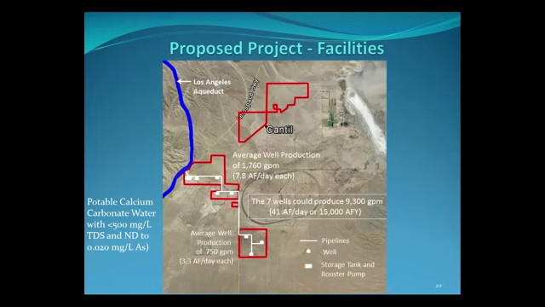This is a close-up of lands that are owned or controlled by Kernco, which are in the vicinity of the LA aqueduct. You can see, this is what I'll call the Sun's property that actually abuts the LA aqueduct. The LA aqueduct actually crosses that property. And our intention is to locate our project wells on the Sun's property, not going south, but I just got the wrong slide here for some reason.